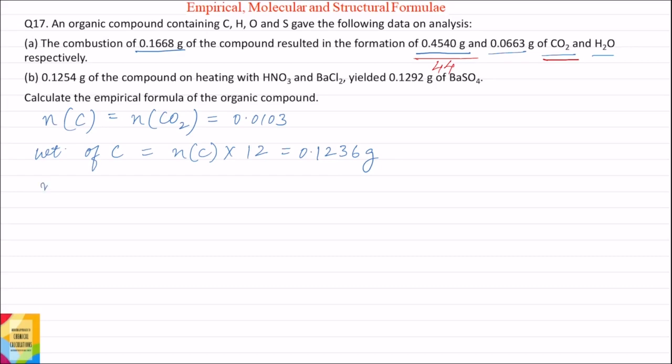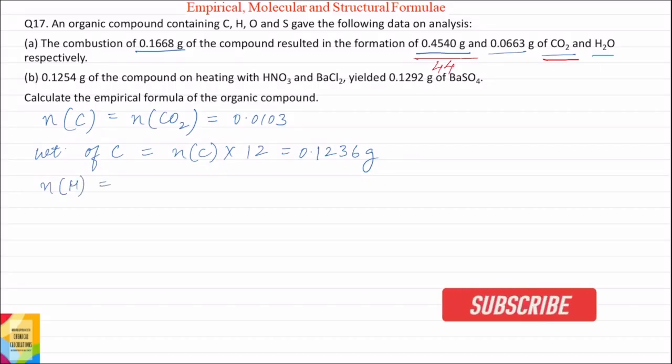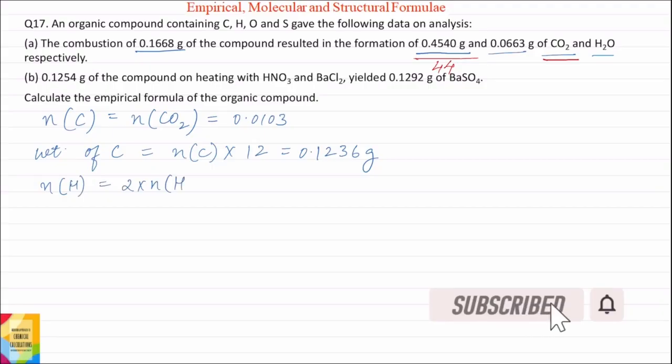So, moles of hydrogen will be equal to 2 into moles of H2O, and this is equal to moles of H2O. How much will it be? Weight of H2O, that is 0.0663 gram divided by molecular weight of H2O, that is 18.